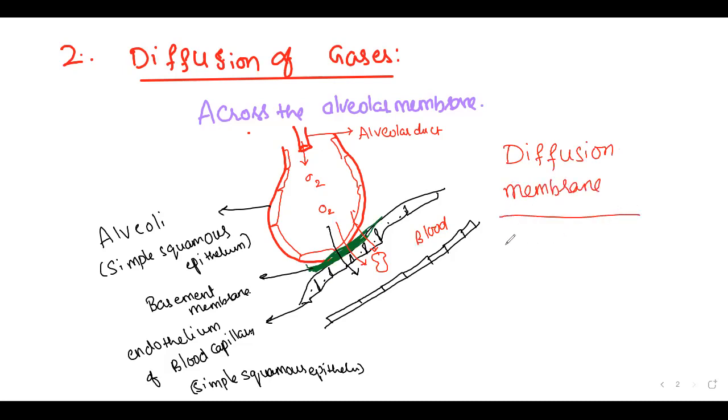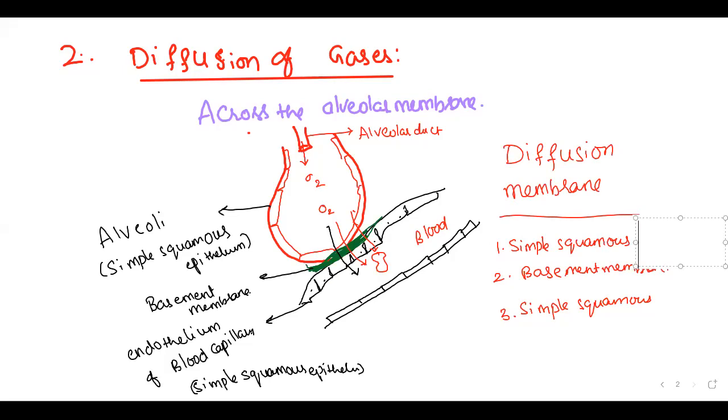So if the question is asked, the diffusion membrane includes simple squamous epithelium, and in between them, the basement membrane. The first simple squamous epithelium belongs to the alveoli.